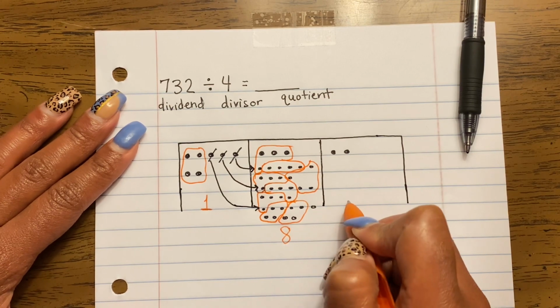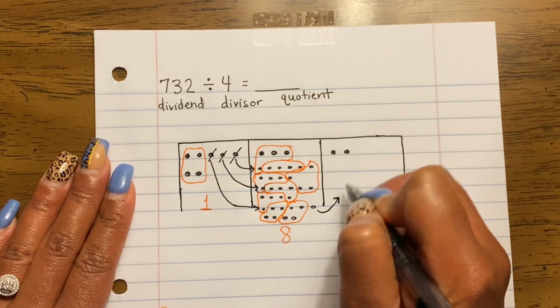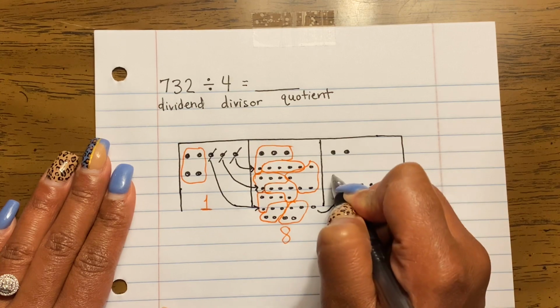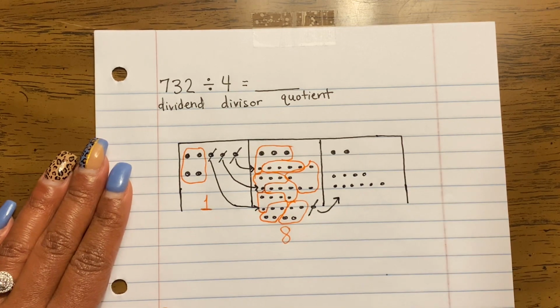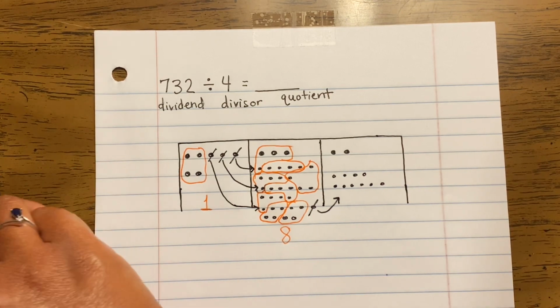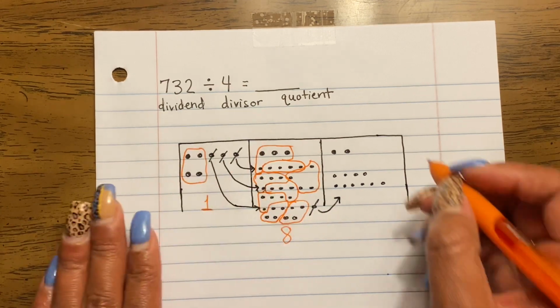This one I will need to carry over to the ones place: 1, 2, 3, 4, 5, 6, 7, 8, 9, 10. It's no longer here as a 10. It is now represented in the ones place. I once again go back and circle groups of 4s.